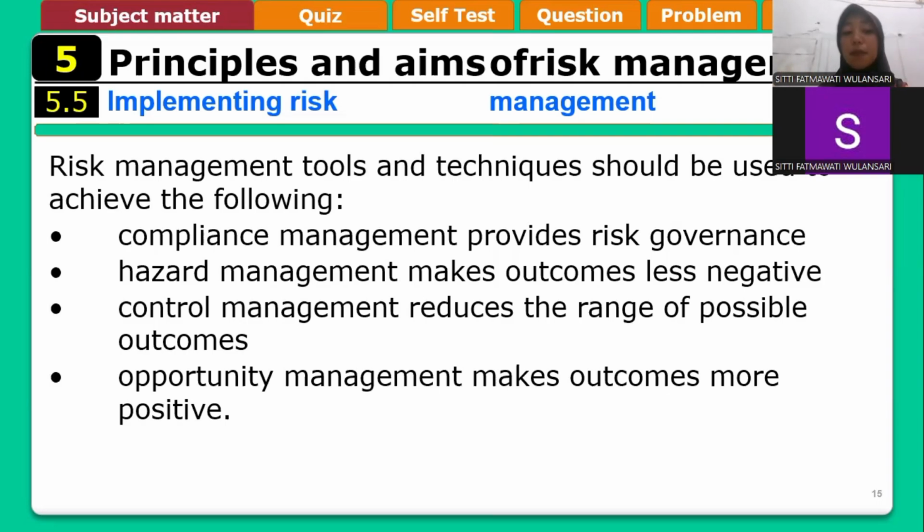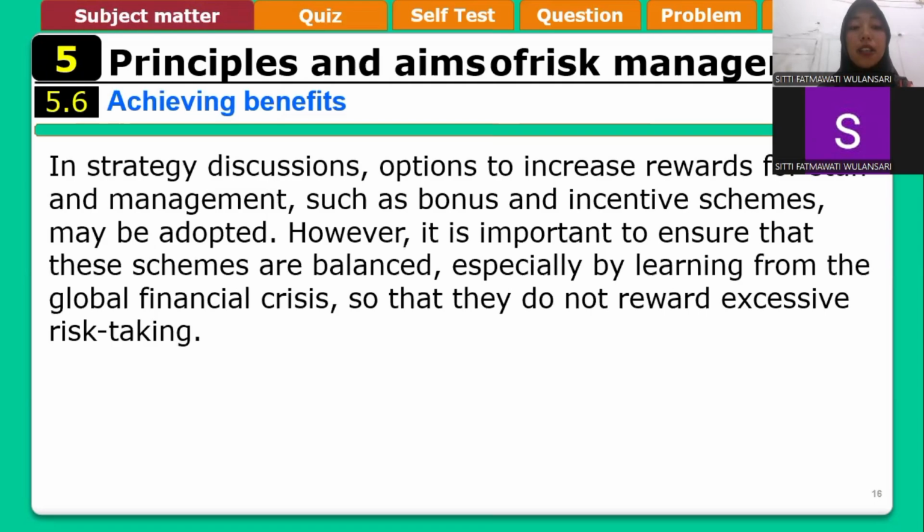The first is compliance management provides risk governance. The second, hazard management makes outcome less negative. The third, control management reduces the range of possible outcomes. And last, opportunity management makes outcomes more positive.